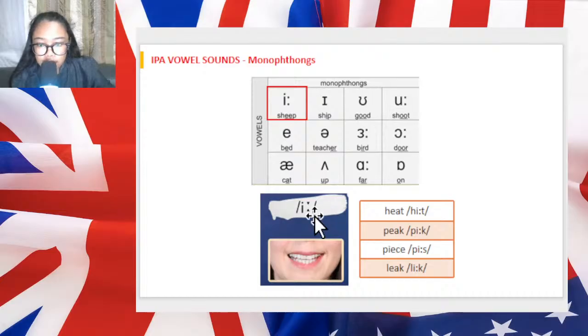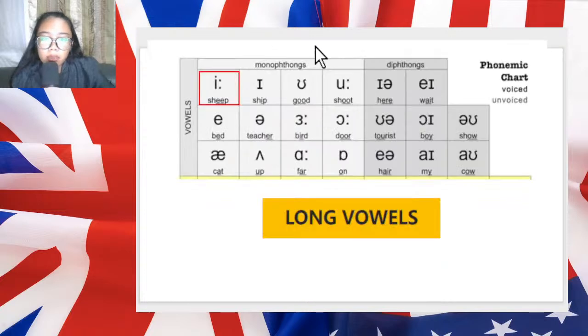This one is also totally acceptable, but we focus on this one on the chart. As long as there are two dots beside or after the vowel symbol, or maybe we can say a colon, it's a long vowel. That's the defining feature, one that you can easily spot. So if you see two dots beside the vowel, then that's a long vowel sound.